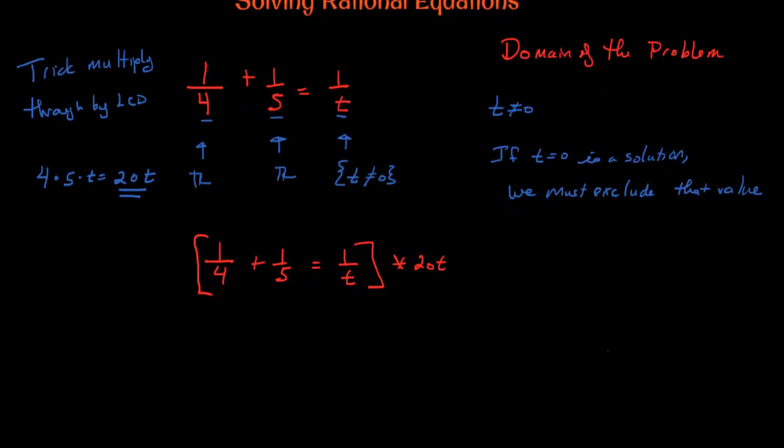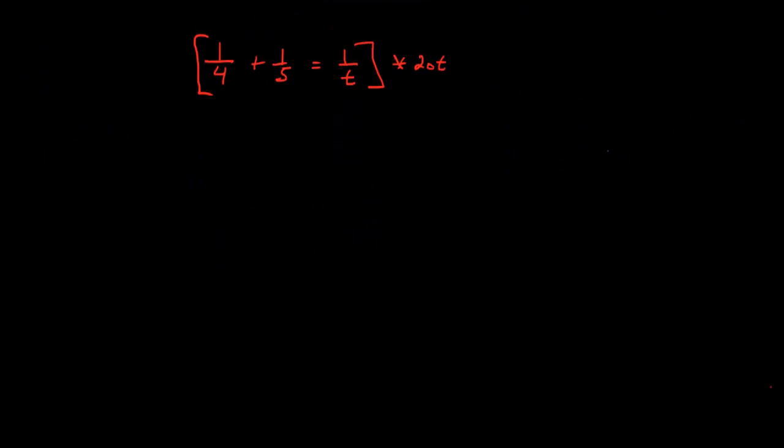There's an intermediate step here that some people don't show, and that's okay. It depends on how particular your instructor is or how much you want to show for review later on. If we're going to multiply through by 20t, we have to distribute it to all three of these terms on both sides of the equation.